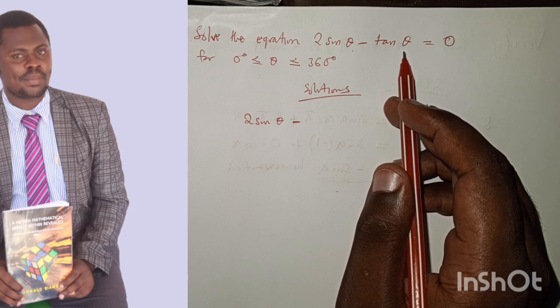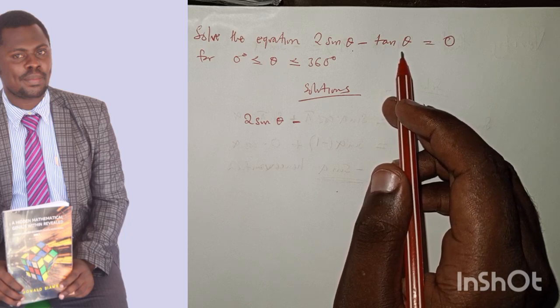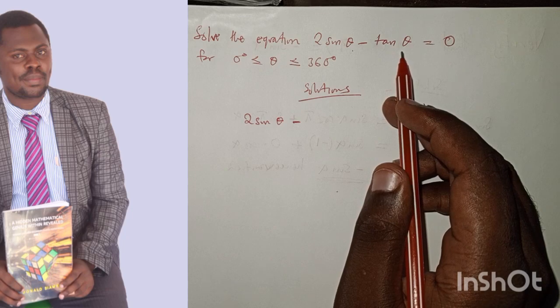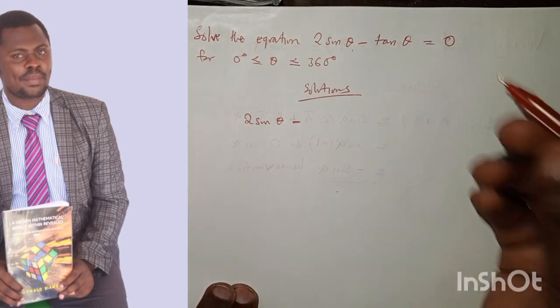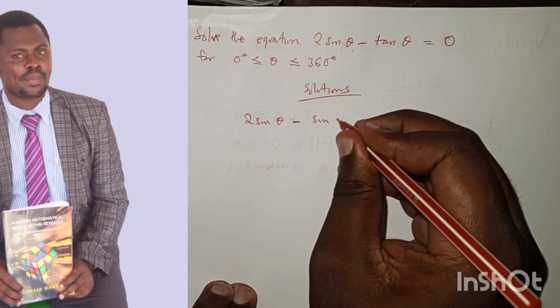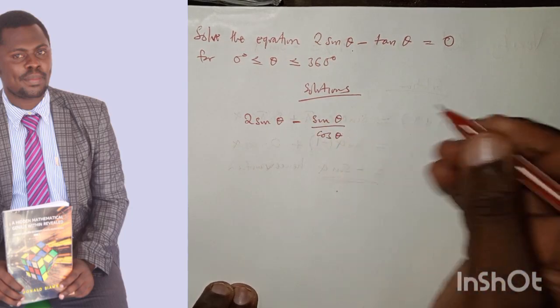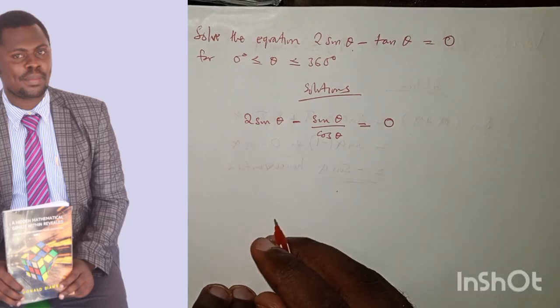I'm sure we all know that tan theta is equal to sine theta over cos theta. I mentioned this in my previous video. So where there is tan theta, we'll put sine theta over cos theta. Then this is equal to 0.